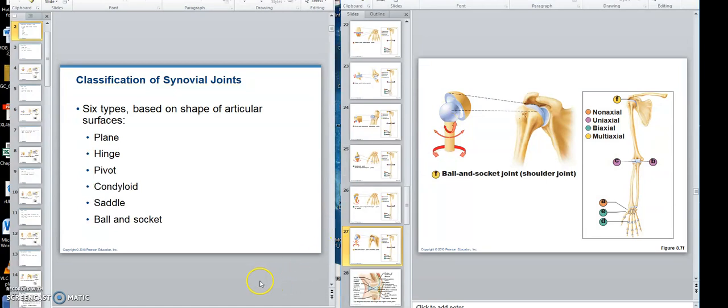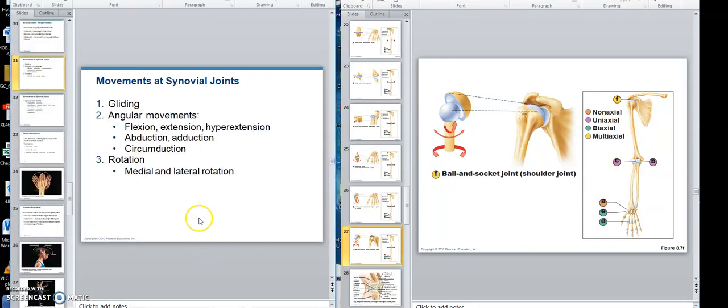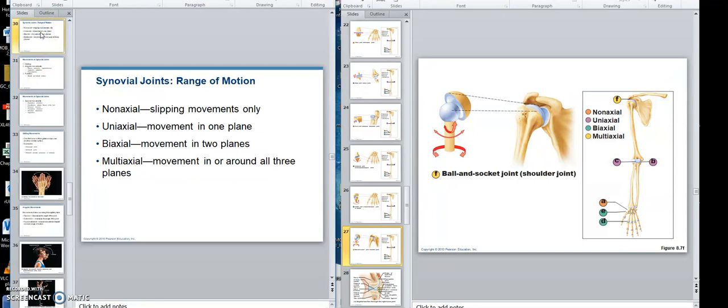Because when you're looking at that, let's just go to this real quick. You are looking at the amount of mobility. See, non-axial slipping movements, uniaxial movement in one plane, biaxial. See, this is multi-axial right there.